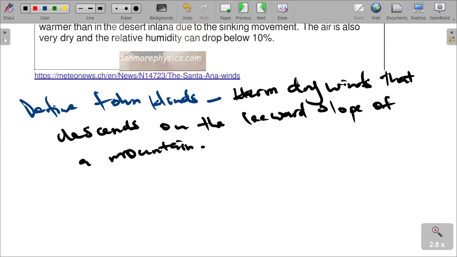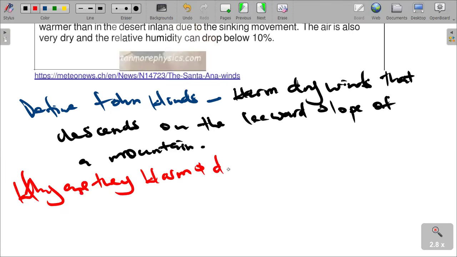And then one other question that you need to be able to explain is why the wind is warmer and dry. Why are foehn winds warm and dry?